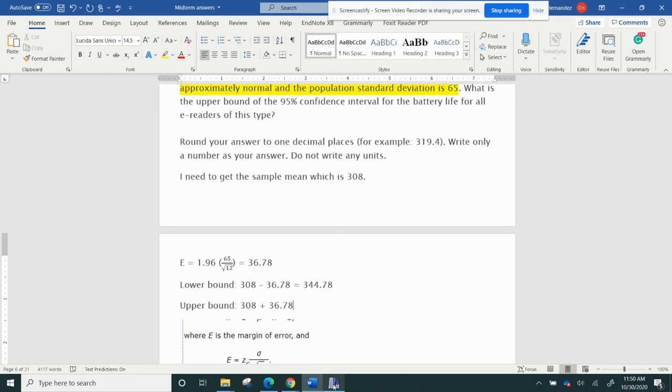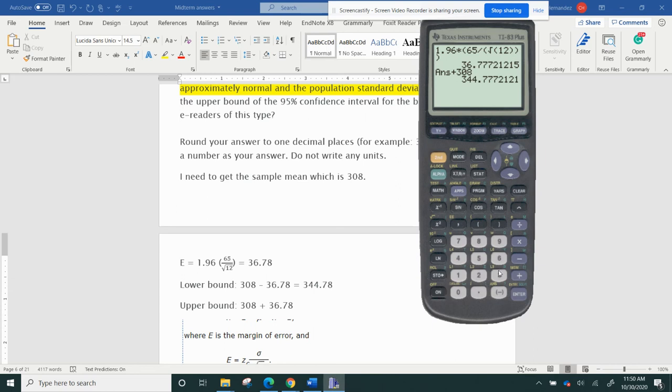And if I add that together, 308 plus 36.78.